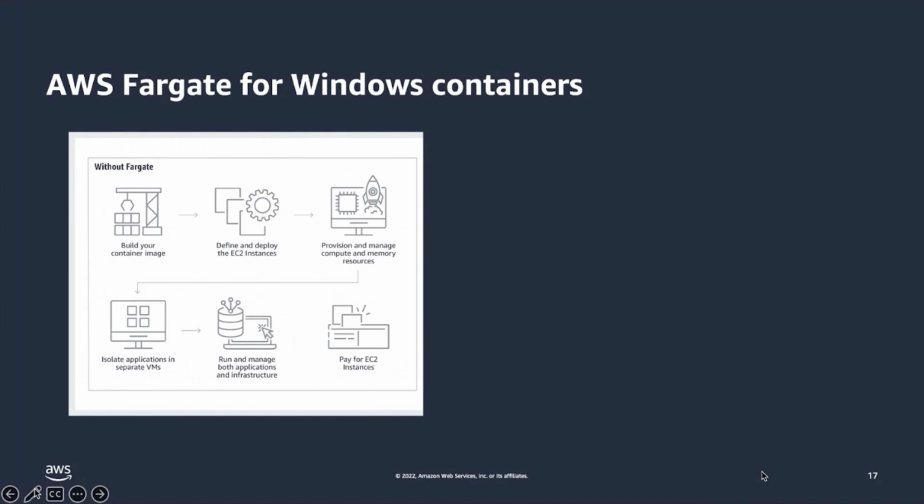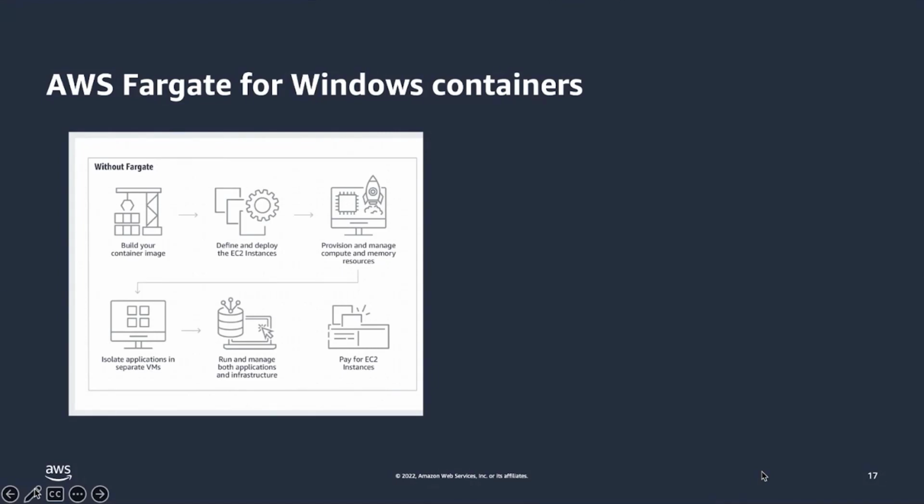There are cases where specific applications require kernel isolation, which is not offered by default in a container ecosystem. So you deploy a very specific Amazon EC2 instance just to host those specific Windows containers. And then you run and manage both the application and the infrastructure part. And you pay for the EC2 instance.